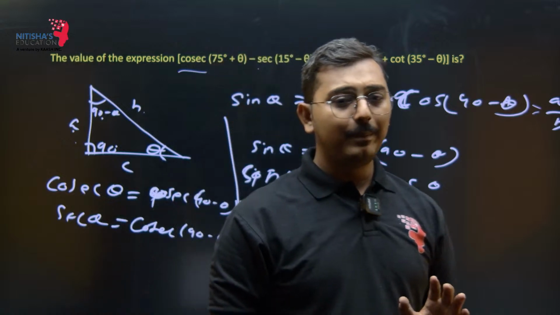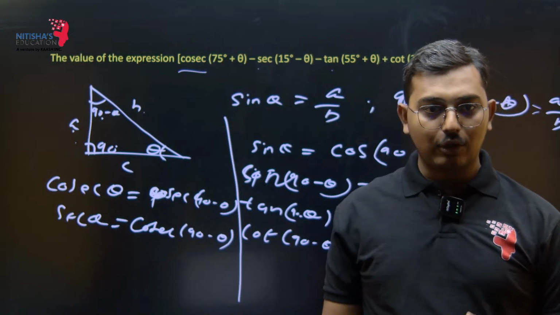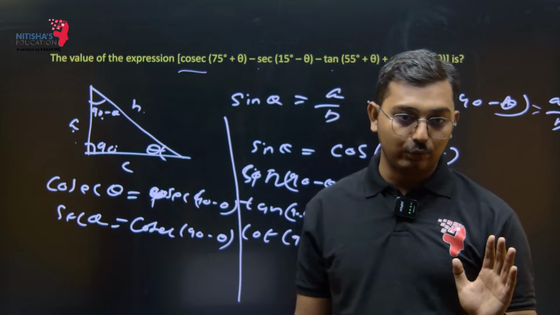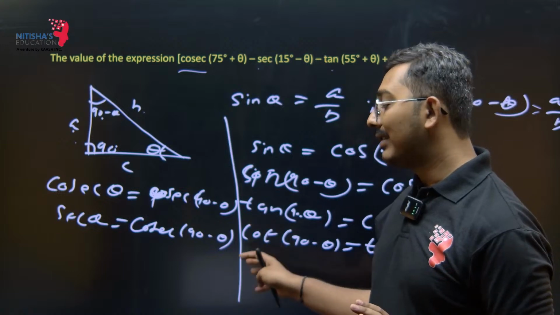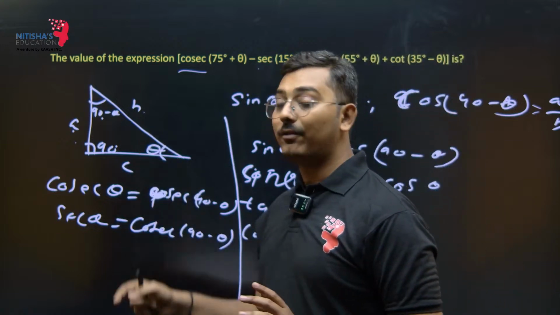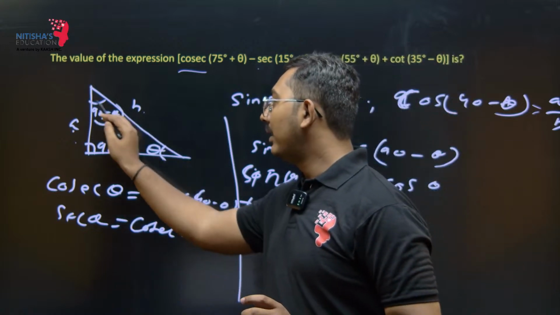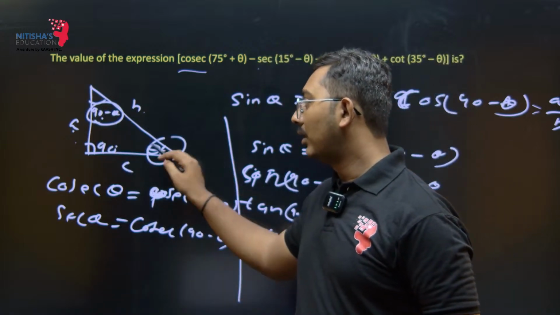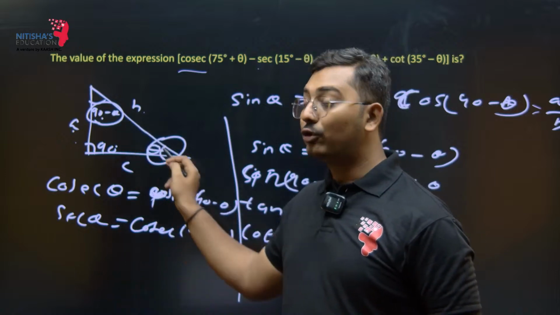But be very wise when using this, because you can use it in different questions also, where it is not advisable to use. These relations are particularly for questions where the other angle is the complement of theta, because the addition of these two will be 90.